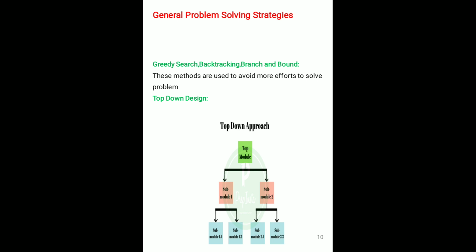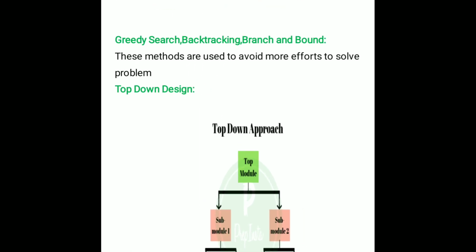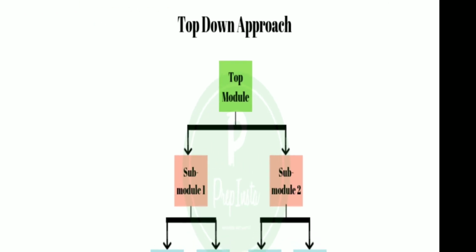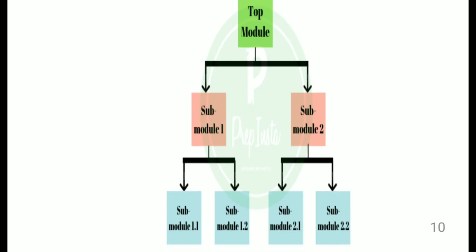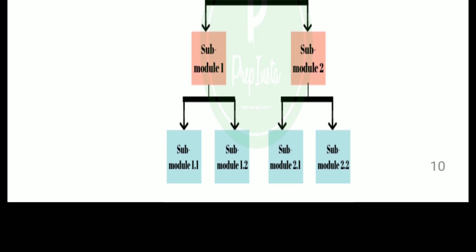Now here general problem solving strategies are there. First is greedy search, backtracking, branch and bound. These methods are used to avoid more effort in solving problems. Now the top down approach you can see here. It's a top module. It is divided into submodule 1 and submodule 2. Again submodule 1 is divided into submodule 1.1 and submodule 1.2.